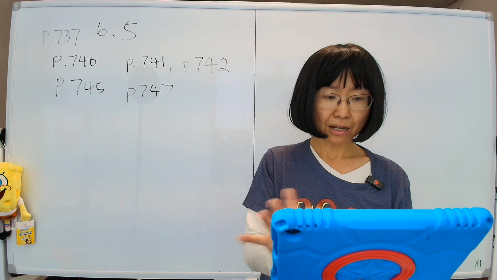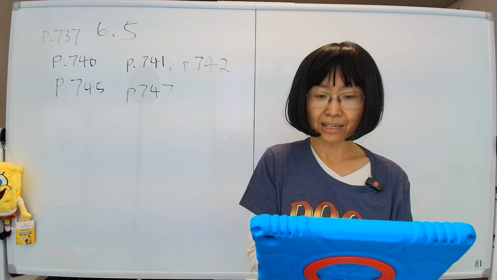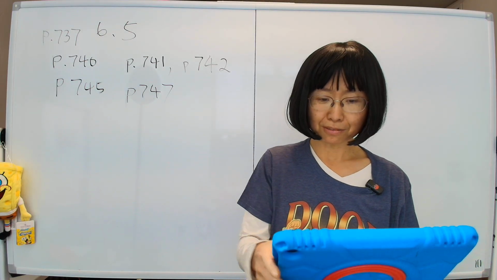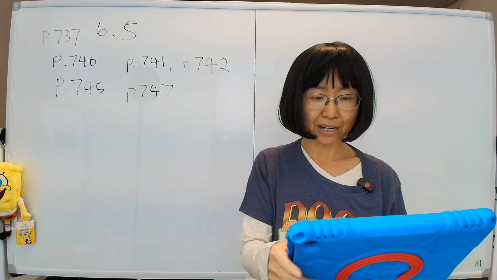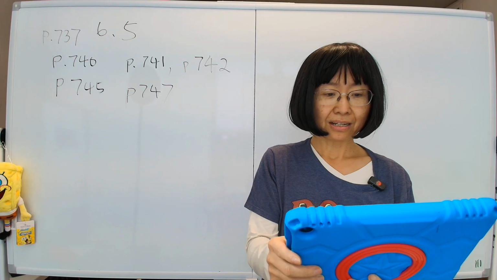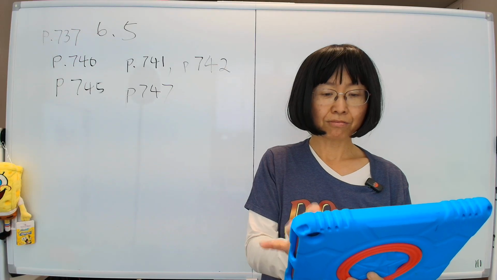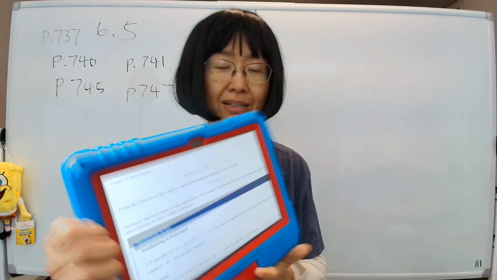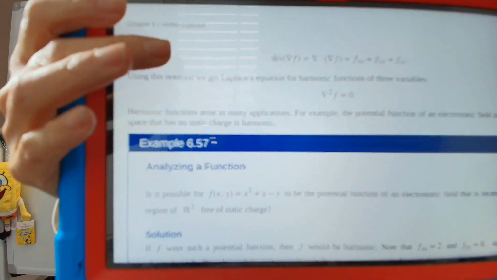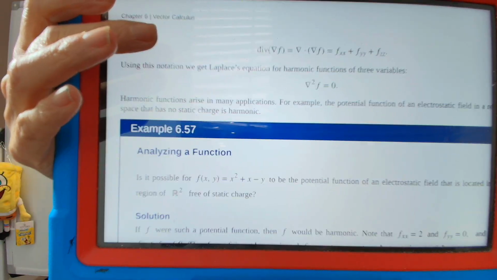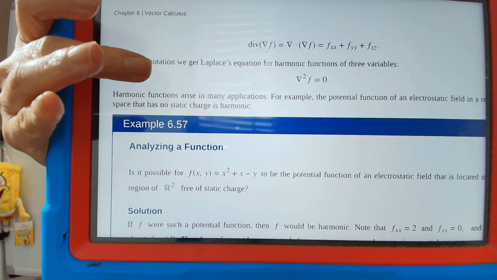And finally, your book is talking about harmonic functions. Is this thing an electrostatic field free of charge? You're wondering, what does that mean? Look at the description before it. Harmonic means, look at the part right before the example, what we have seen before: fxx plus fyy plus fzz, which is also written as del squared f, equals 0.